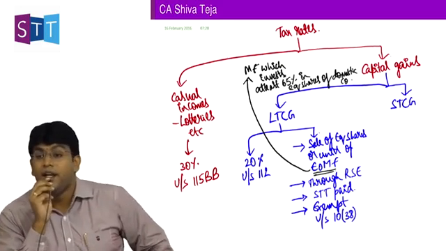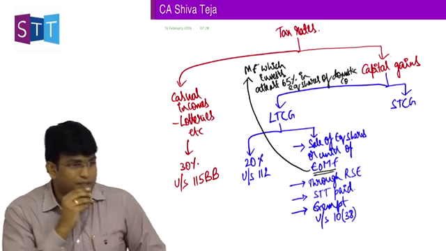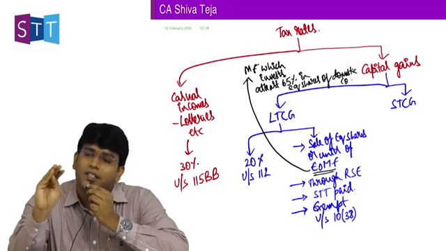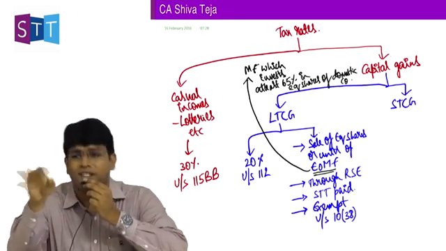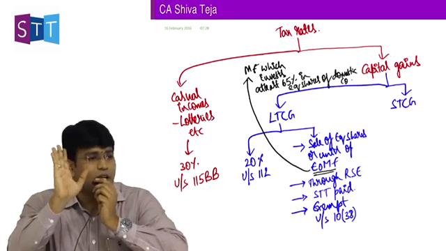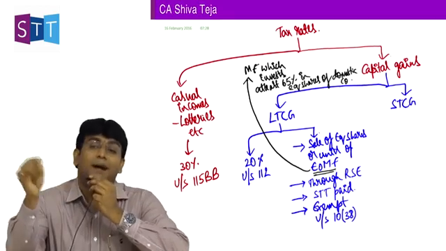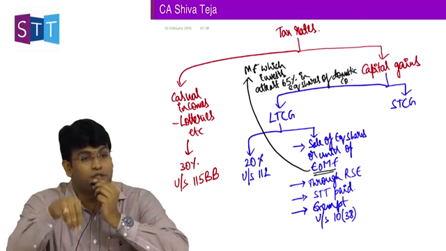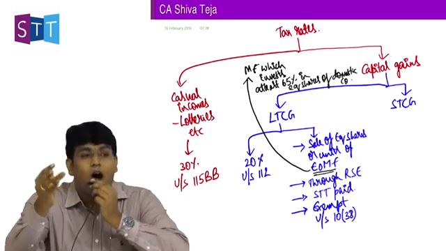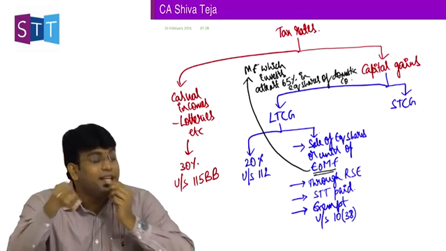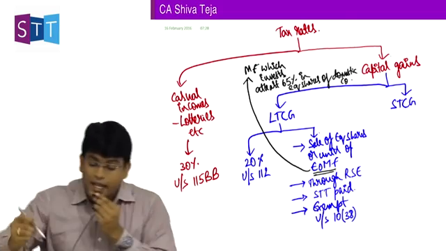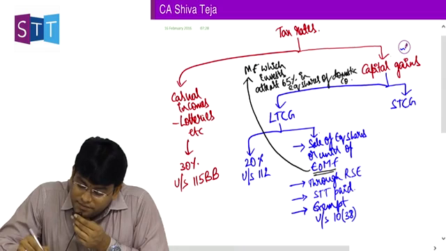Does the point make sense? Normally, long-term capital gains are taxed at a flat rate of 20% only. But if it is on sale of equity shares or units of equity-oriented mutual fund through a recognized stock exchange on which STT is paid, then it is exempt under section 10(38).